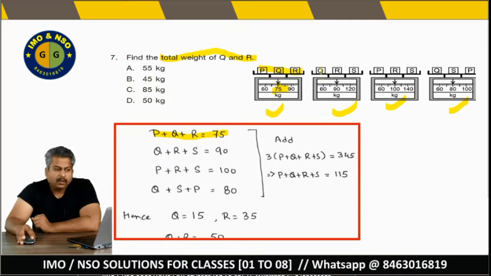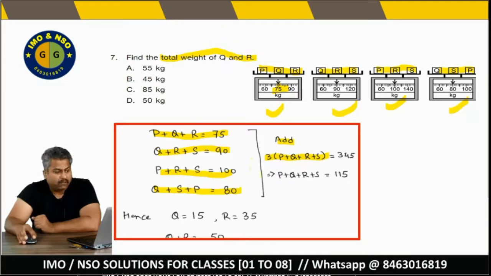Similar way, QRS, PRS and QSP, all of them I have written here, they are equal to 90, 100 and 80. So if I add all these 4 equations, what will happen? On adding, I will get 3 times P plus 3 times Q, 3 times R, 3 times S. So we can take 3 as common.